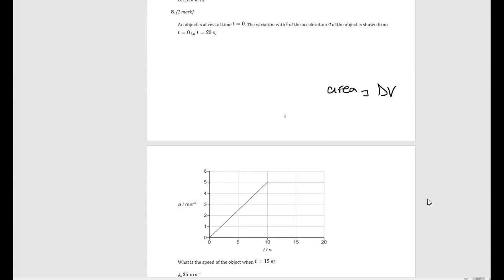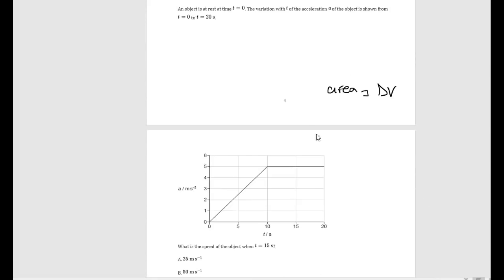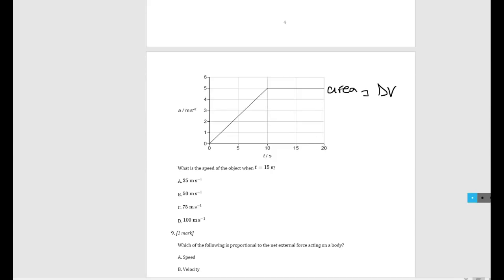All right, if we go back up, we'll see that the object starts at rest. So that's important to keep in mind. It asks what is the speed of the object when t equals 15 seconds. So that means we need the area from 0, where it was at rest, up to 15 seconds.